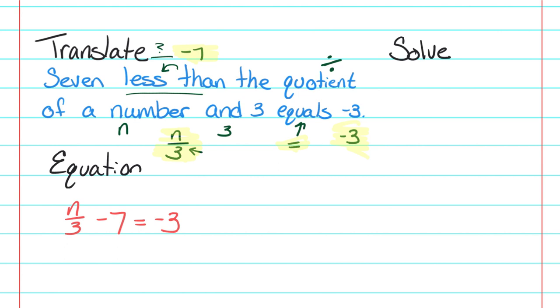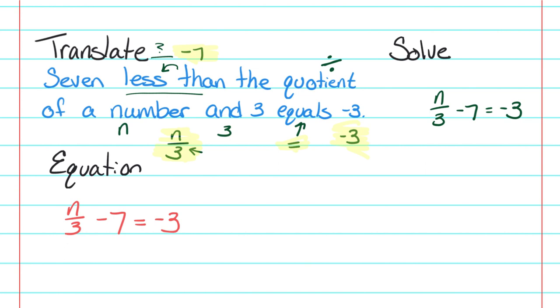Now let's figure out how we would solve this. n divided by 3 minus 7 equals negative 3. Just remember, whatever I do to one side, I have to do to the other. We need to keep the equation equal. I want n on one side, because I want n to equal something. So we're going to leave n on the left right now.